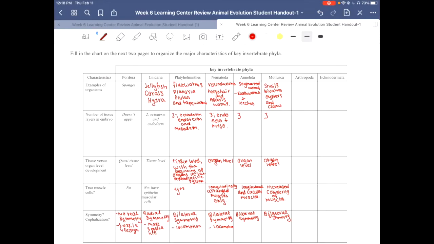Okay, so for the next two columns, all of them are going to be the same answers as the previous phyla. So I'm going to write the examples and then I'll draw out the trend that we see. So for arthropods, there are insects, crabs, lobsters, crayfish, things with appendages, like jointed appendages.